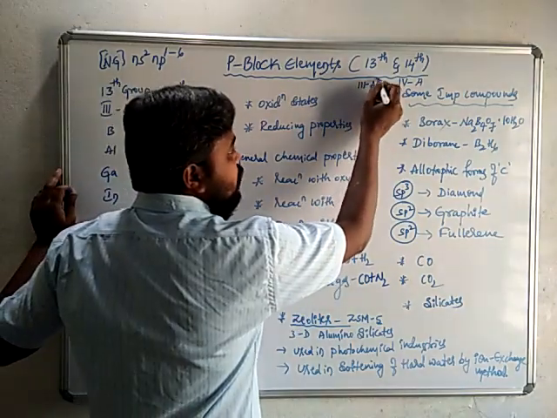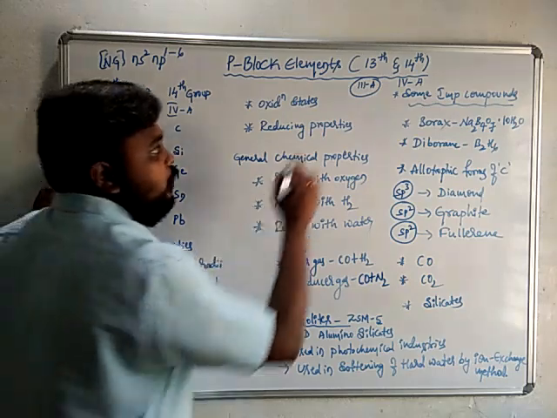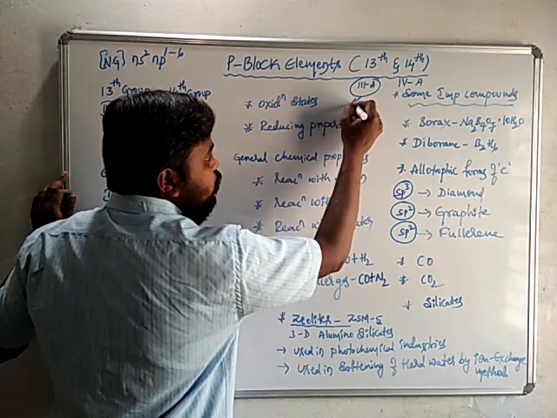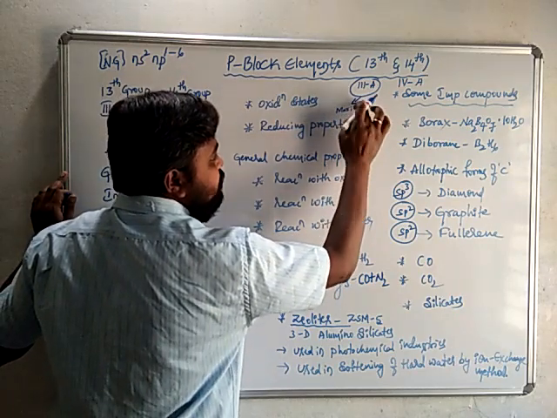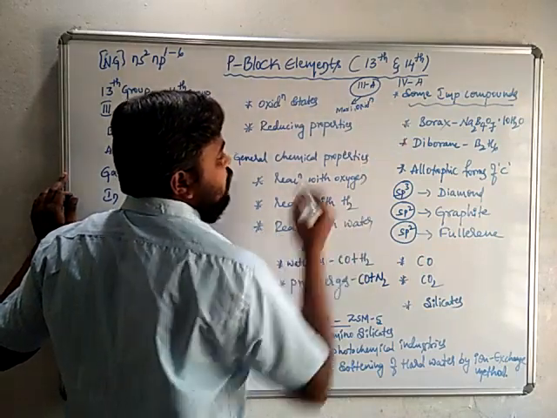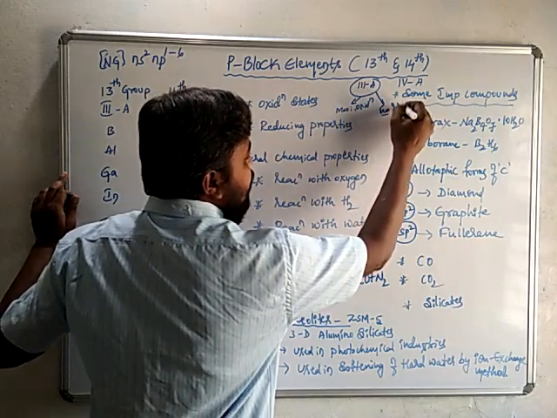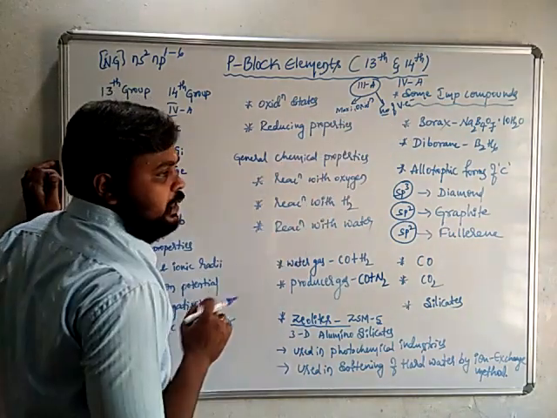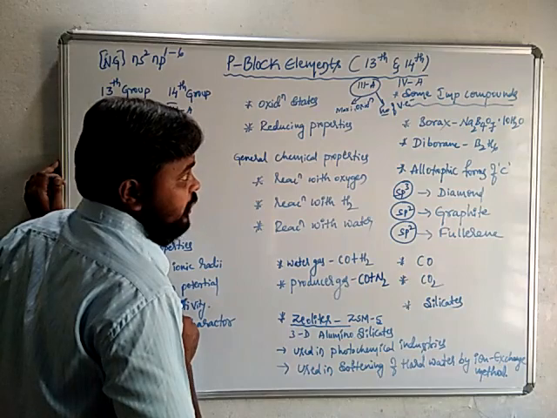If you represent a group number in a Roman numeral, it refers to two things: the maximum oxidation state of the group elements, as well as the number of valence electrons.